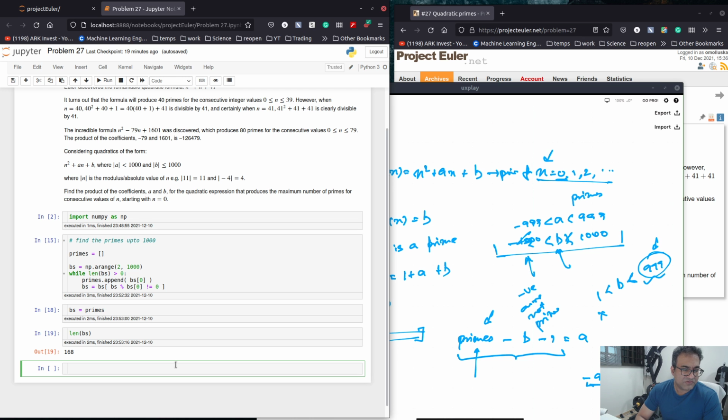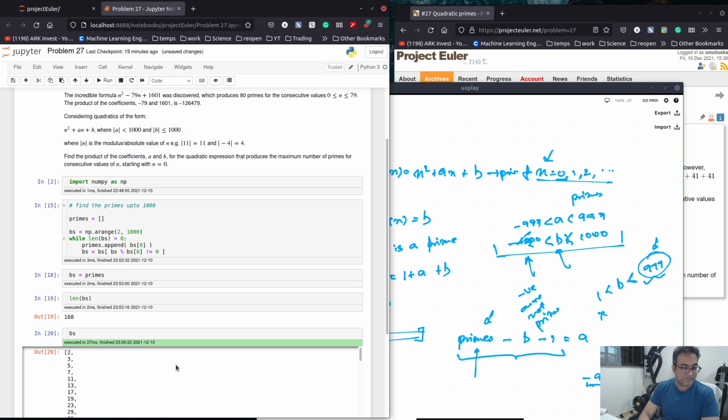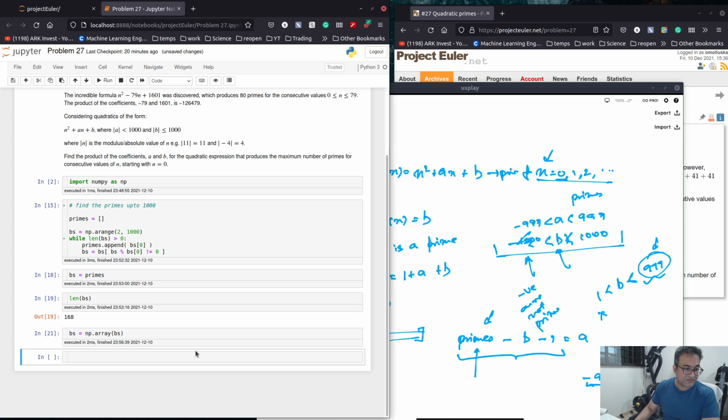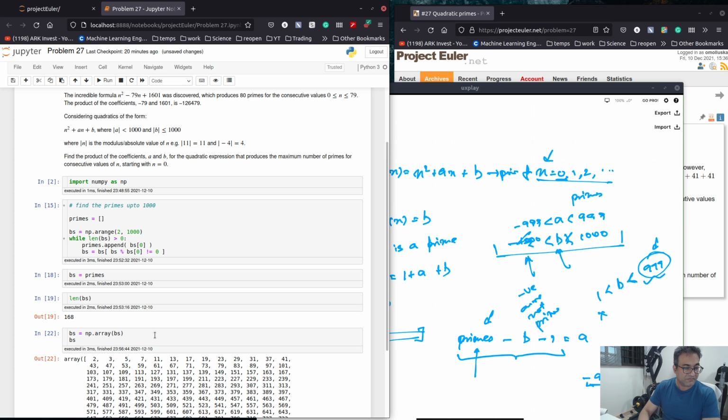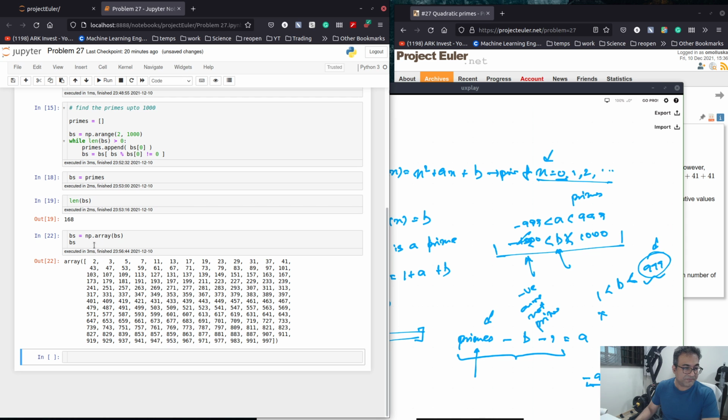So how do we do this? Okay, let's try to figure this out. So we have bs, that's a list. bs equals np.array of bs, and so this is a numpy array, right?